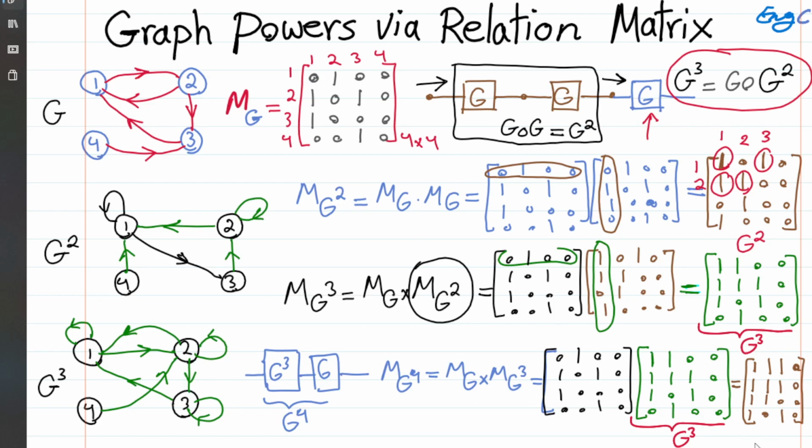So what we have here is G to the power 4. Let me just write it a little bit higher so that you can see it. This matrix that we have here is the matrix for G to the power 4. There is not enough space to show it, but in a compact fashion, the graph for G to the power 4 looks like this.